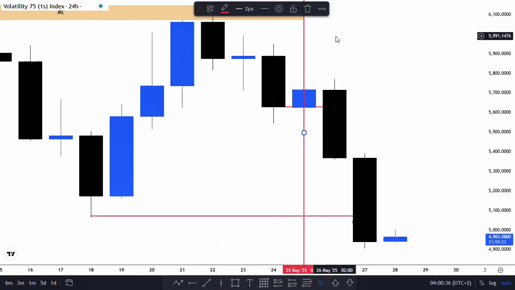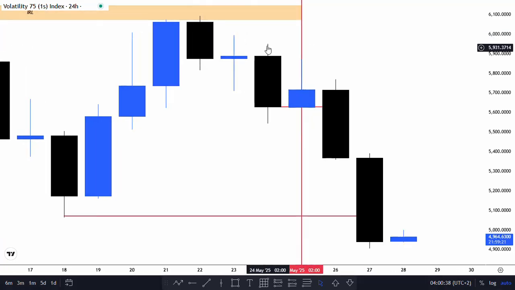So we have a bias. This candle is giving us a bearish daily bias. So the bias is already confirmed. If you have somewhere to tick, you can just tick. Price opened on the 25th here, so we can just go down.